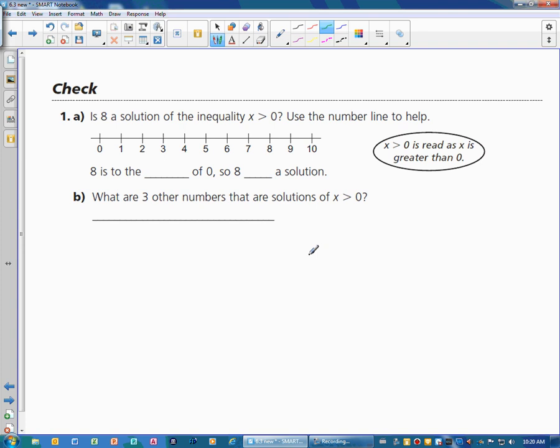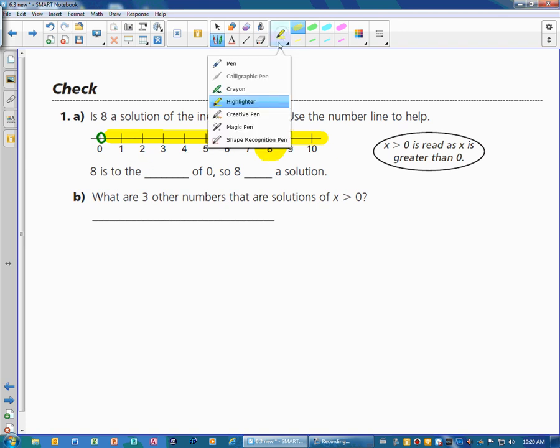Okay, 1a says is 8 a solution of the inequality x is greater than 0? Okay, here's 0. And it says x is greater than. So this is the part of the number line where it's bigger than 0. Okay, so here it says 8. Here's 8 right here.